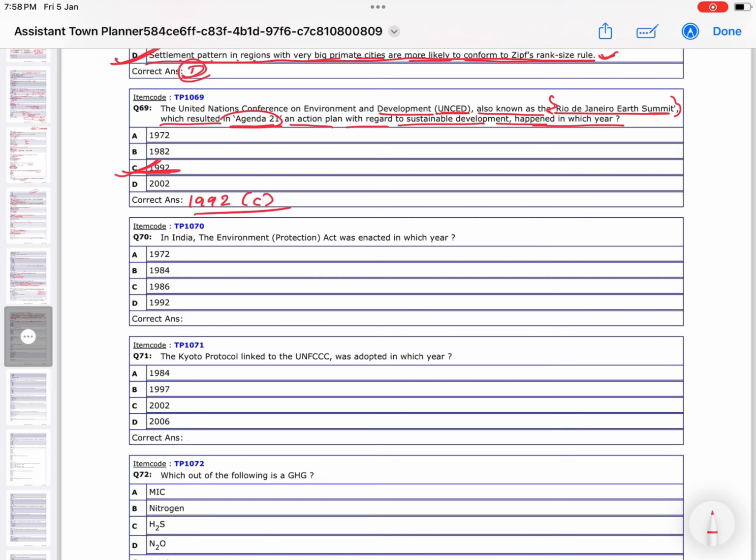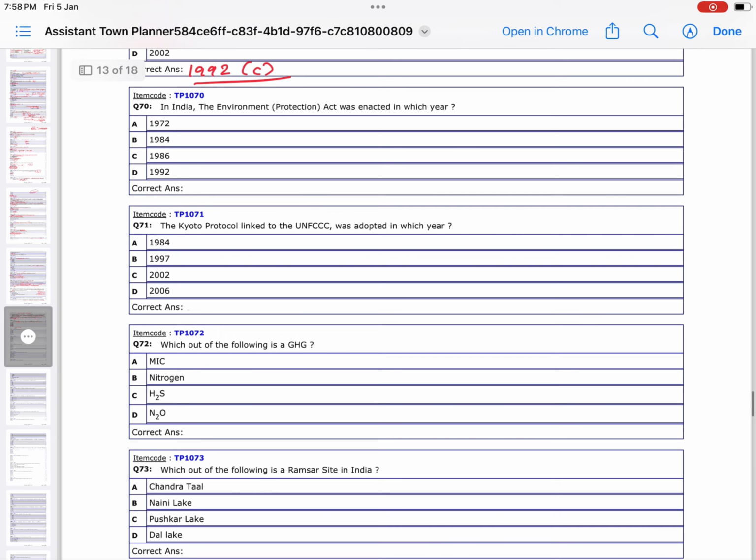You have to remember most of the years related to when the environment acts or the Forest Act came in. Just remember the year of that date, and also why that act was formed. Question number 70. In India, the Environment Protection Act was enacted in which year?